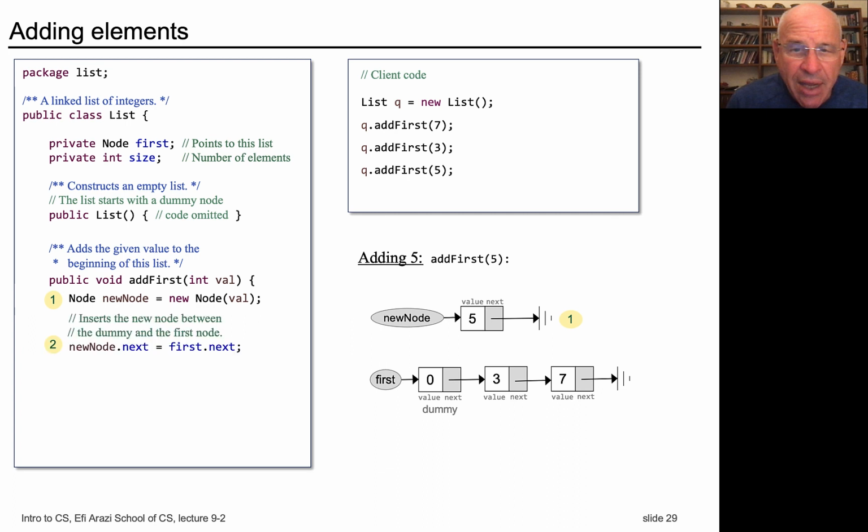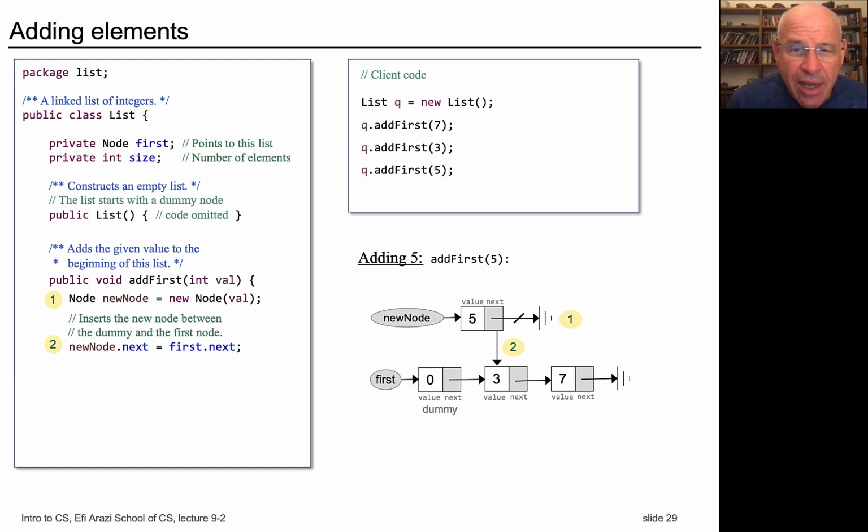So let's do it. Inserts the new node between the dummy and the first node. So new node dot next equals first dot next, and I will get this pointer going on, right? What is first dot next? First dot next is the value of the next field of first, of the first pointer.